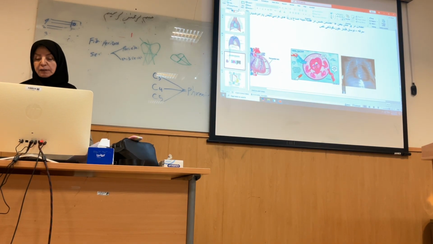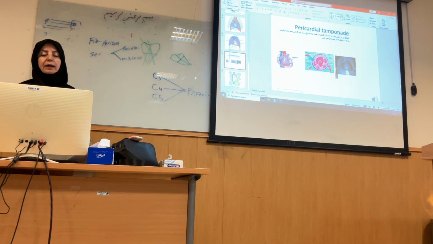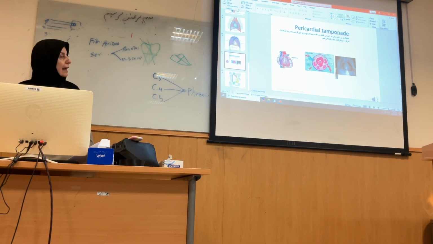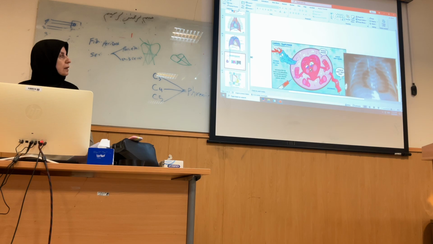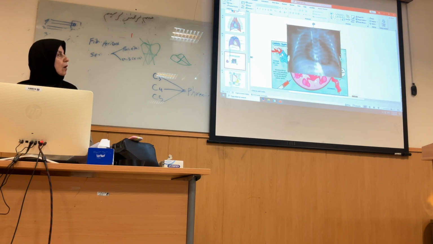And effusion of the pericardium can lead to bad function of the heart that we call tamponade. Tamponade is because of the effusion of the pericardium. Look at here, around the heart you have accumulation of liquid, and it is bad. It is not normal.